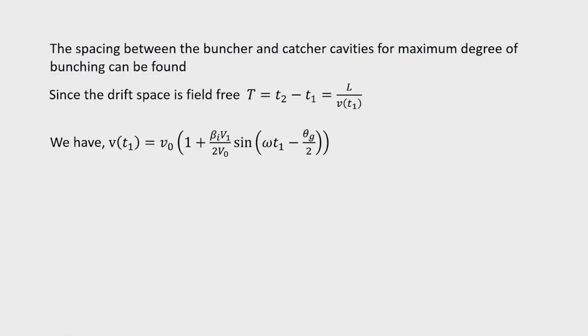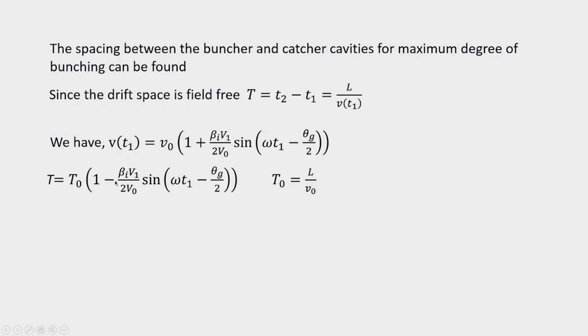Now, we have already seen V(T1) is V naught into 1 plus beta I V1 divided by 2 V naught sin omega t1 minus theta g by 2, and therefore we can write capital T is equal to L by V naught, that is T naught, into 1 minus beta I V1 by 2 V naught sin omega t1 minus theta g by 2.